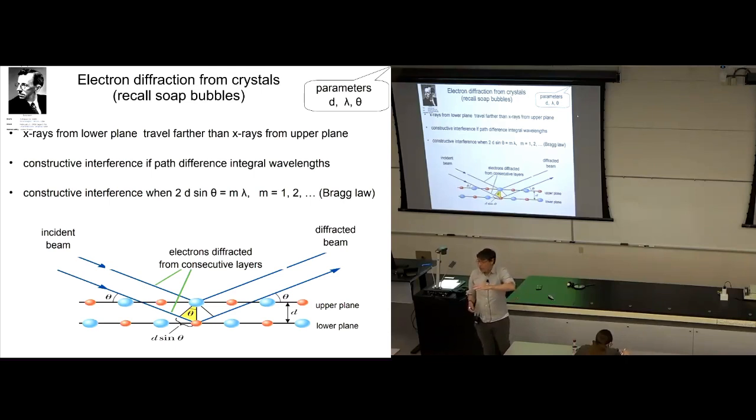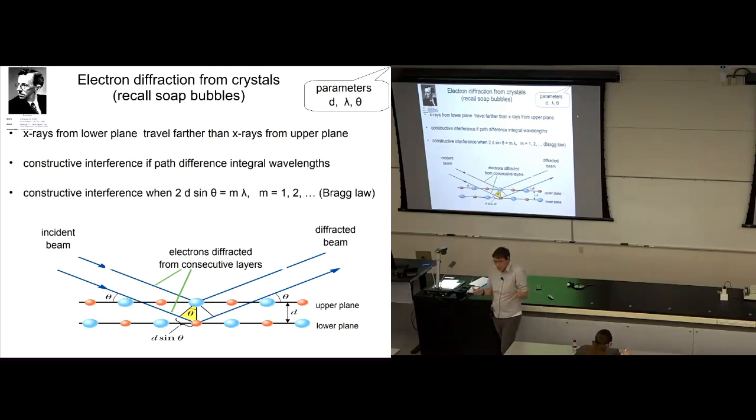And just like the X-rays interfered with one another because they have wave-like properties when they're scattered from the top and bottom layers, if the electrons have matter waves, then those matter waves will interfere with one another when they're scattered off the top and bottom layers of this sodium chloride crystal. And that's what was discovered.